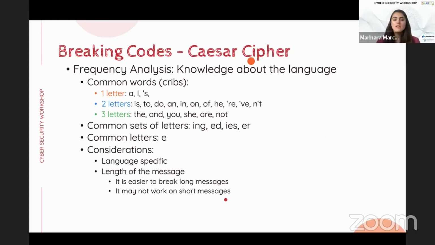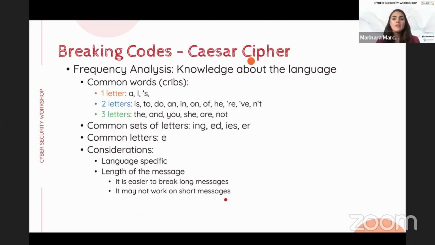But there are a few considerations in relation to this, okay? So this is very language specific. If it is a different language, E may not be the most common letter in that language. So it won't work if it is a different language. It also depends on the length of the message.